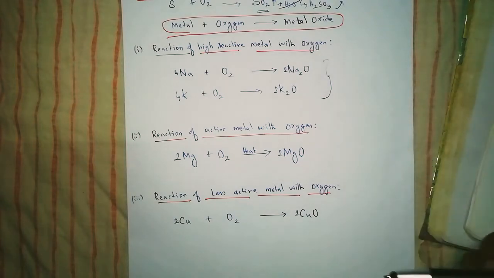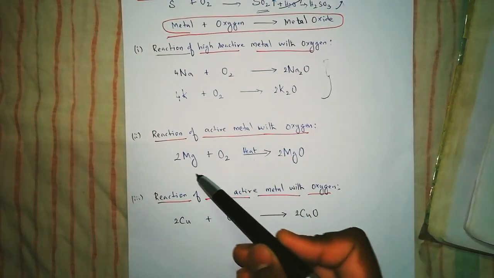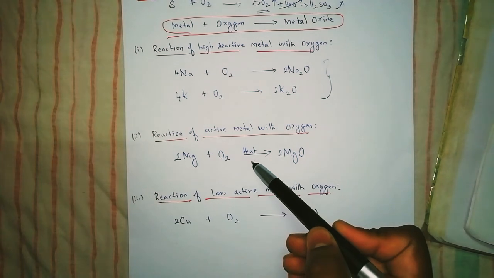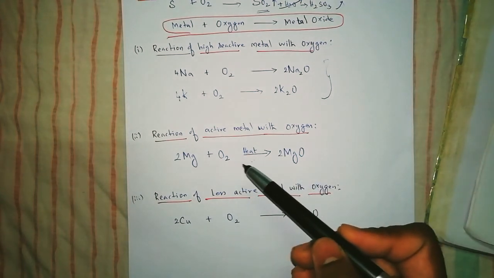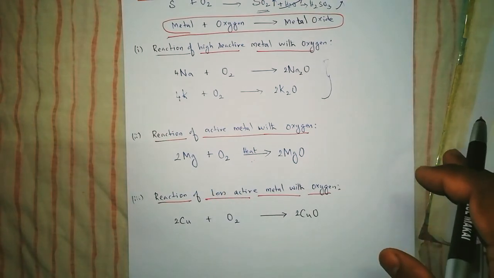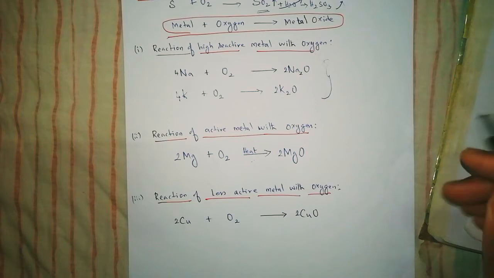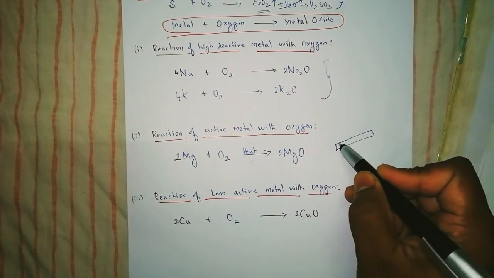But when we come a little lower, that means a medium reactive metal like magnesium, we are heating it. So when magnesium is heated, that means we are supplying oxygen. Okay, what happens when we keep a magnesium ribbon outside for a long time? You can see the color of the magnesium ribbon fades.